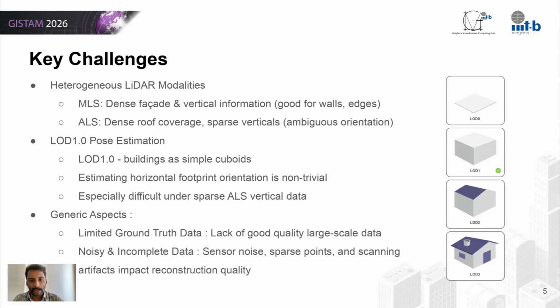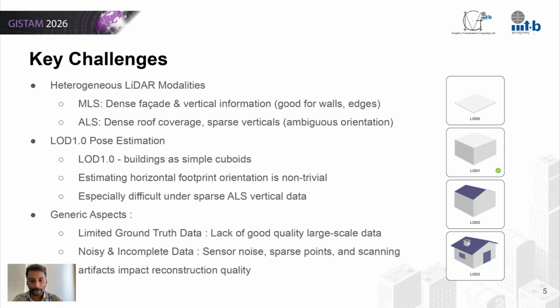On the other hand, airborne LiDAR or ALS provides dense roof coverage over large areas, but it has very sparse vertical information. So while ALS gives broader coverage, it introduces ambiguity in structural details like orientation. This means our reconstruction approach needs to be robust across both modalities despite their fundamentally different characteristics.